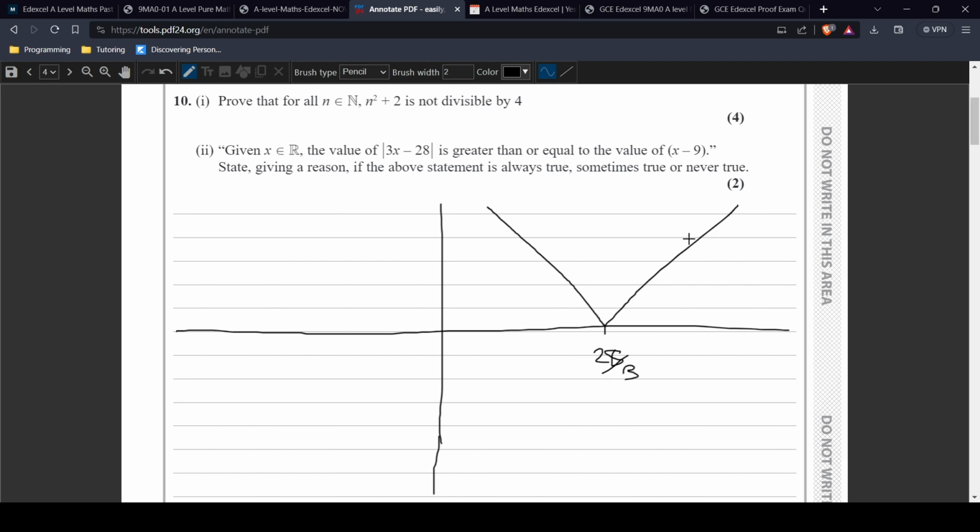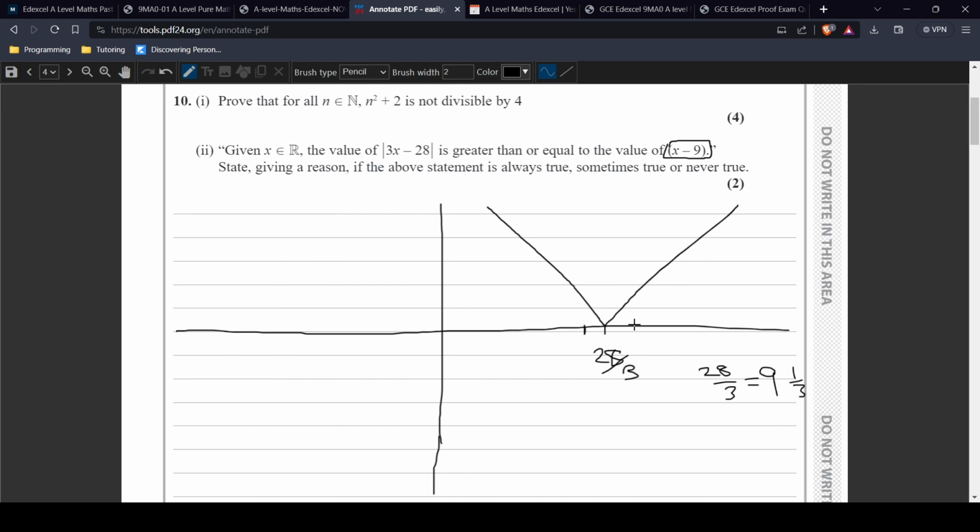So we're going to have some sort of graph like that. Now for the other graph, x minus 9. That is going to intersect the x-axis when x is equal to 9. First of all, 28 over 3 is 9 and 1/3, so 9 will be just around there.